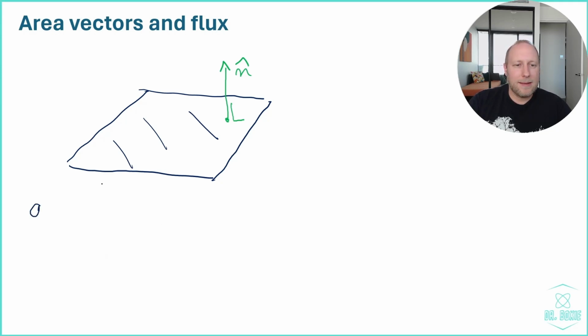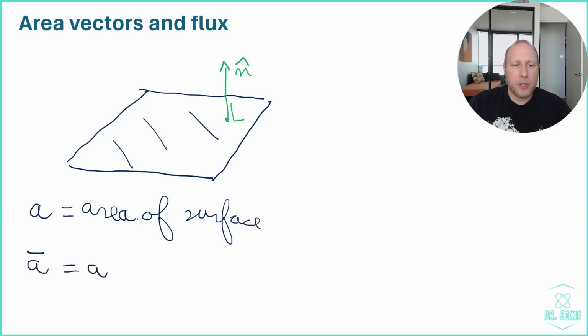And if we represent the area of the surface by the letter A, we then define the vector A as the number A, which is the area of the surface, multiplied by the normal vector. So the vector A is a vector that points in a direction perpendicular to that surface and whose magnitude is the actual area of the surface.